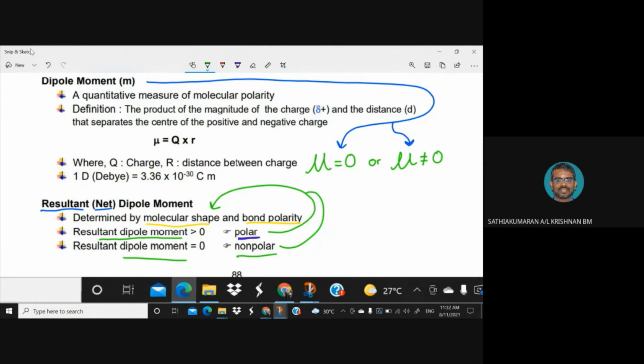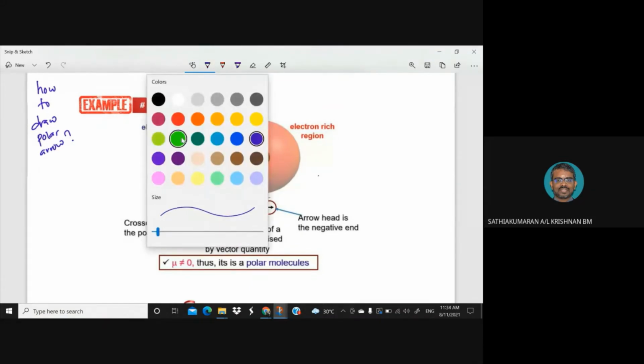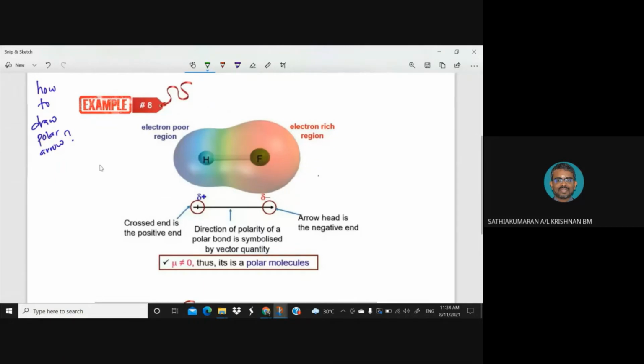Now let us see how we can apply dipole moment and resultant dipole moment in molecular shape. How to draw a polar arrow: we already studied this before, but let us recall.